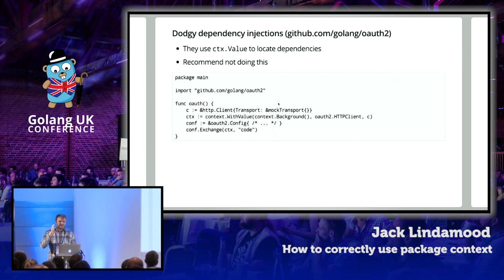It seems like it's there mostly for testing, but the idea is that you can attach a client to the context that you call the OAuth functions with, and the OAuth code will look into that context, extract a client out, and use it for stuff. It's very indirect. I would much rather the optional client be on some kind of struct that is part of the request itself. So that's really weird.